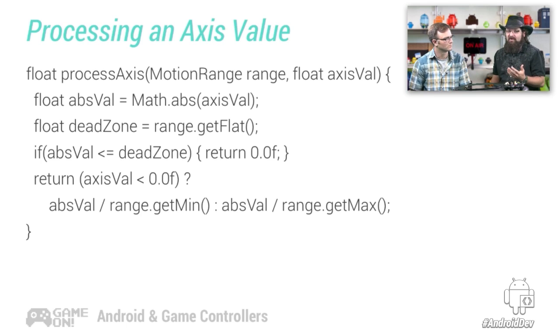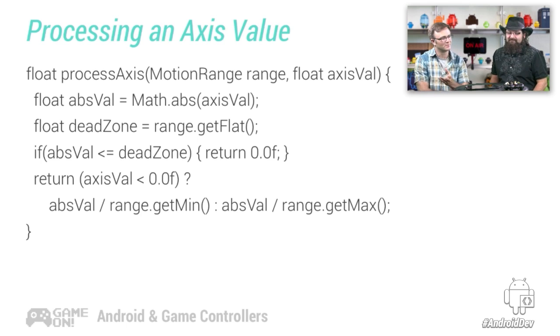If it is, return 0. That means it's within that range and we shouldn't do anything with it. Or if the axis value is greater than 0, we return the absolute value divided by the minimum range, which gives us a normalized value. If it's less than 0, we do absolute value divided by maximum range.